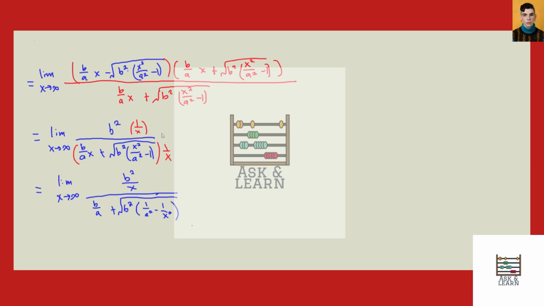So in this first step here, just like we did before, we multiplied by the conjugate. And after that, everything would simplify down to just b squared times 1 over x, or b squared over the conjugate.